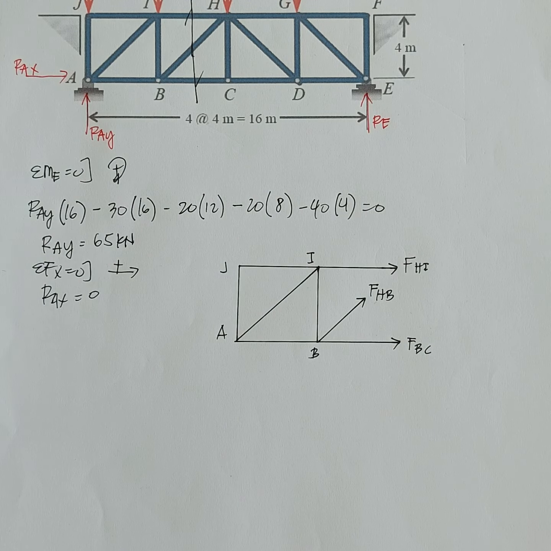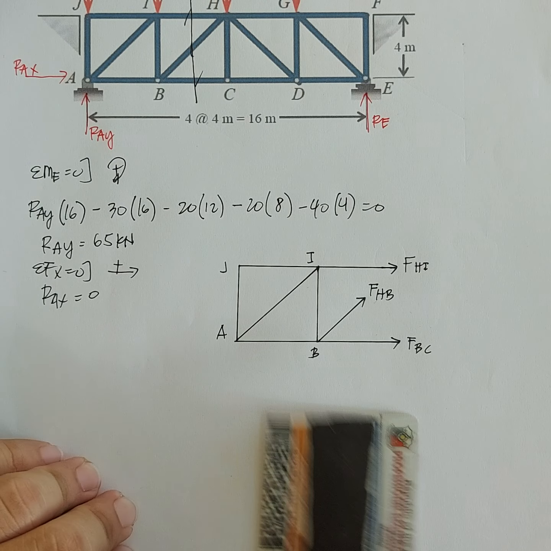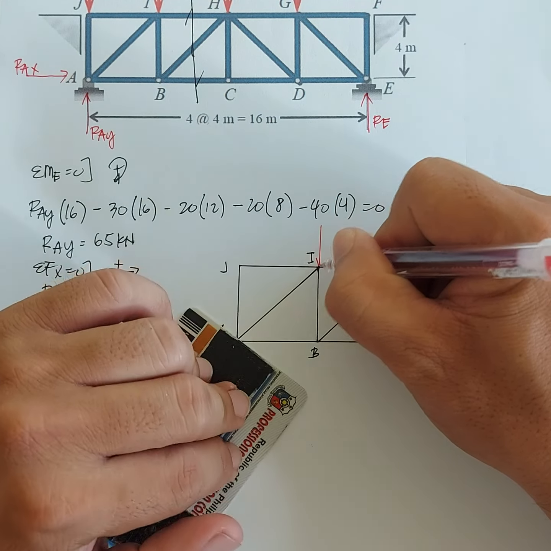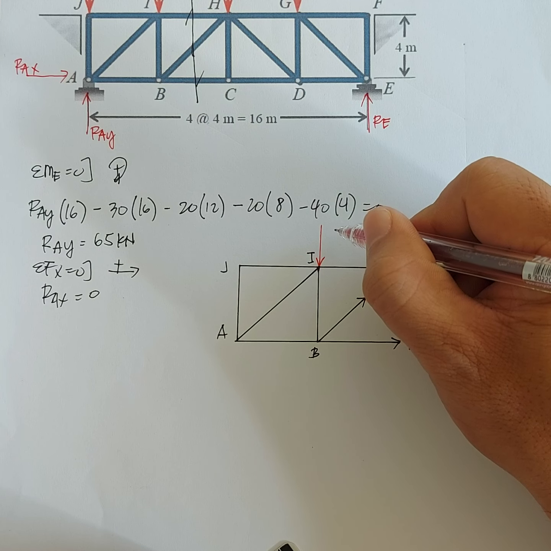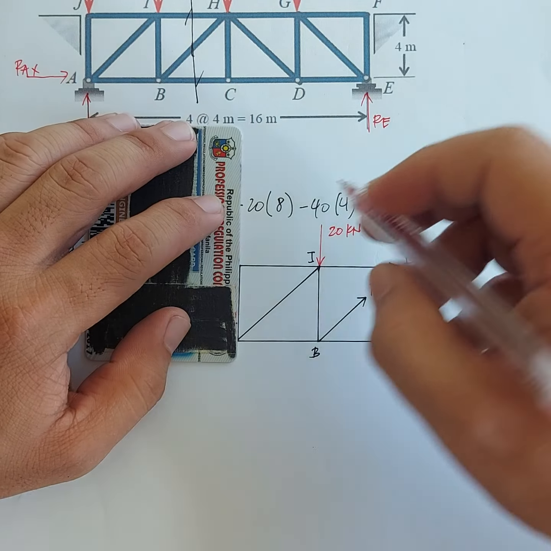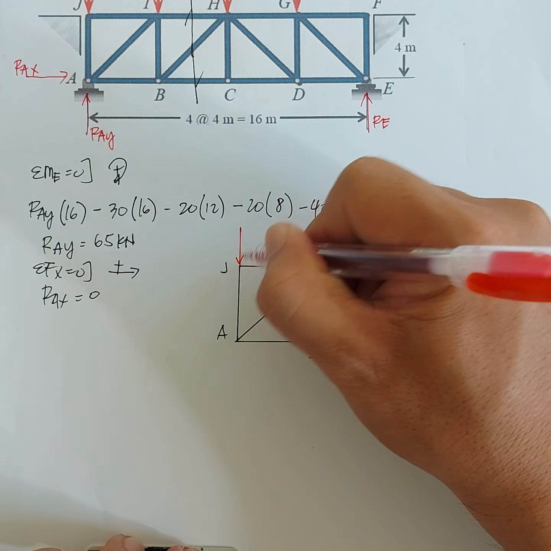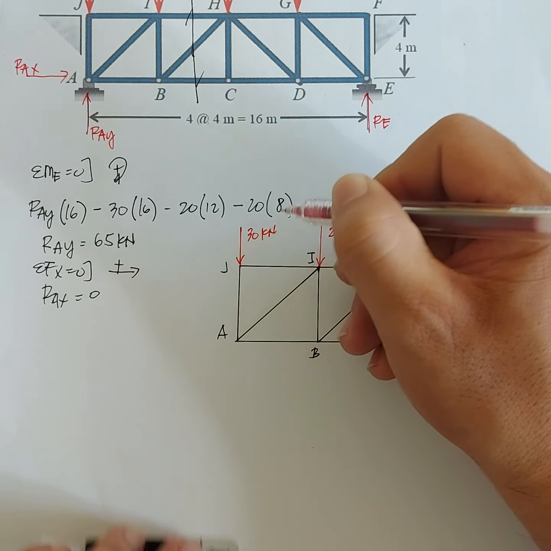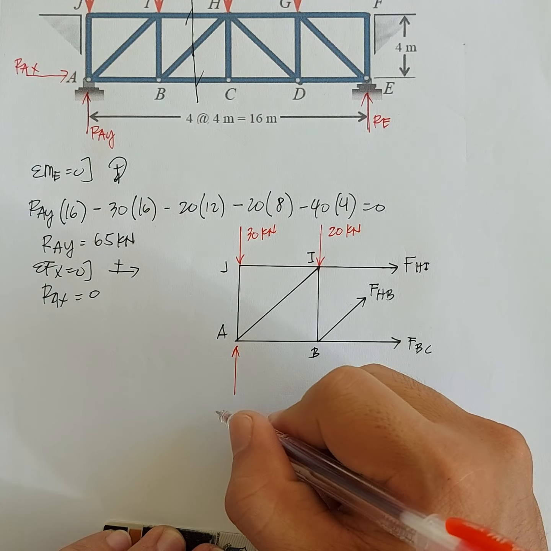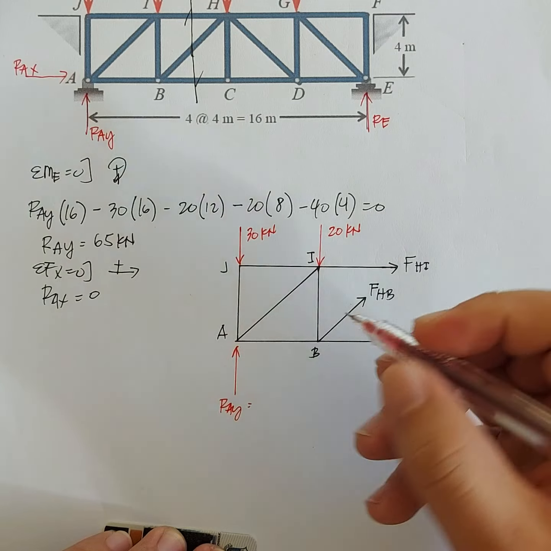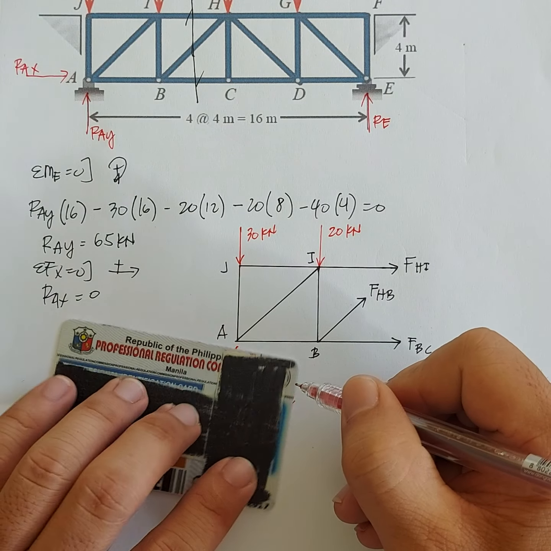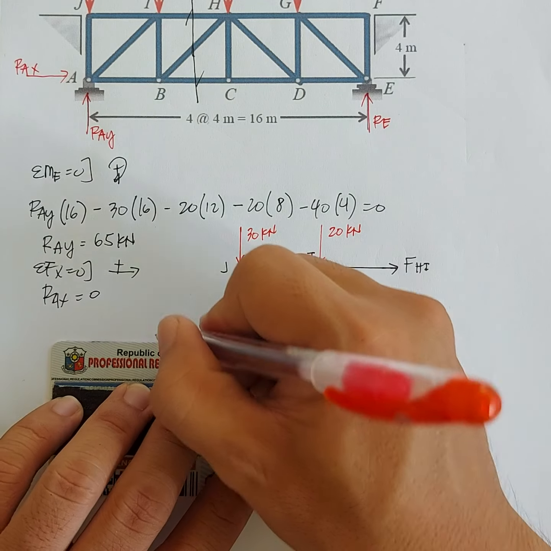So we have a force here of 20 kilonewtons. Then here we have 30 kilonewtons. And we have the reactions here, RAY of 65. Then we also have RAX here, which is 0.